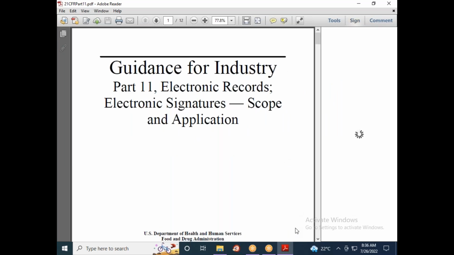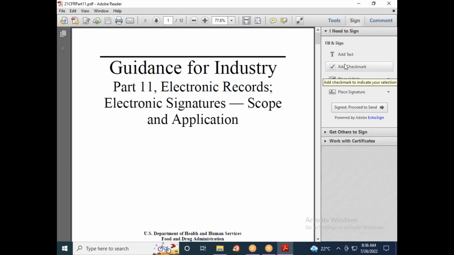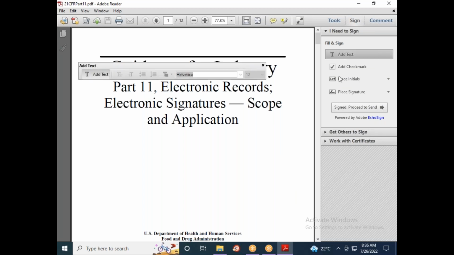After going through the document, you have to prepare your signature. So you have to add text, Raj. Any text here? So you have to add some text here. Approved by Raj.